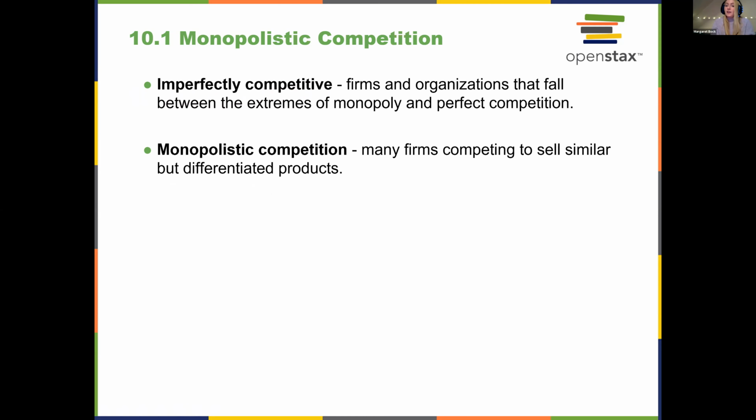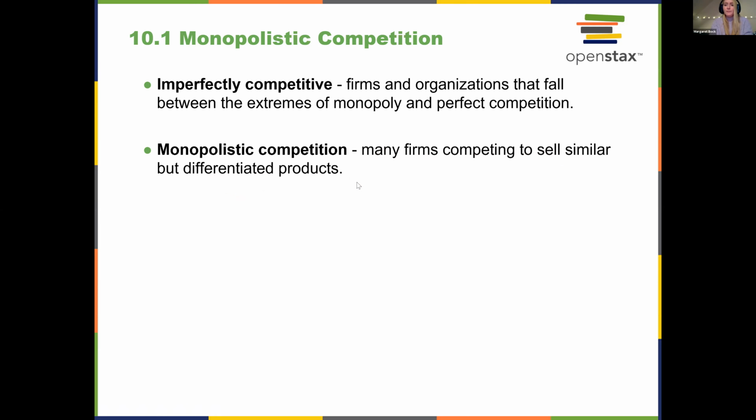And a simple definition of monopolistic competition, the market structure that we'll be focusing on in the next few videos, is that there are many firms competing to sell similar but differentiated products.